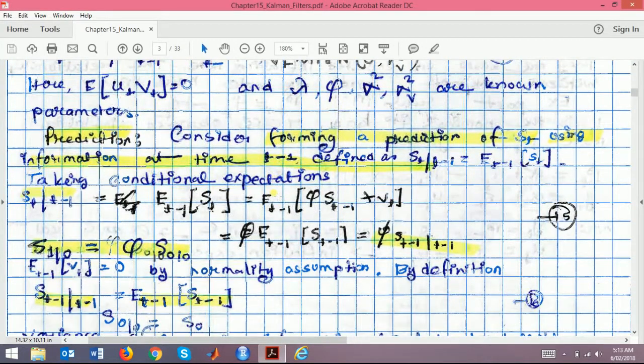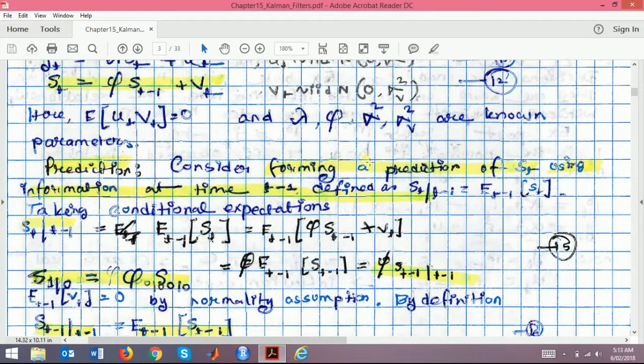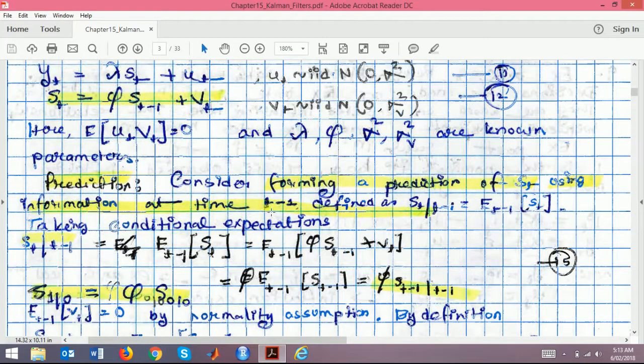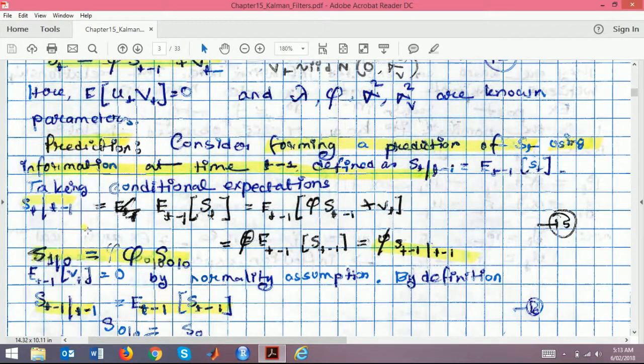Prediction. Consider forming a prediction of st using information at time t minus 1, that is defined as st conditional upon information at t minus 1, equals the expected st in the last period, t minus 1. Taking conditional expectations now, st conditional upon information at time t minus 1 is equal to the state equation, which says phi st minus 1 plus vt.